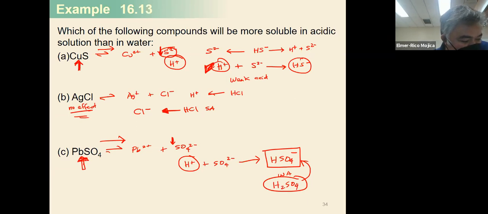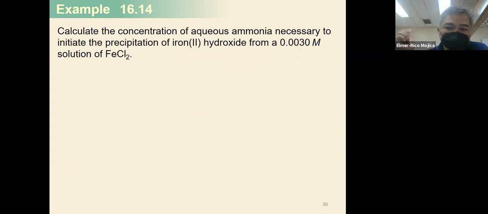Before we go to another system, this one, the basic one. Here you are asked to calculate the concentration of aqueous ammonia necessary to initiate the precipitation of iron hydroxide from a 0.0030 molar solution of Fe chloride.